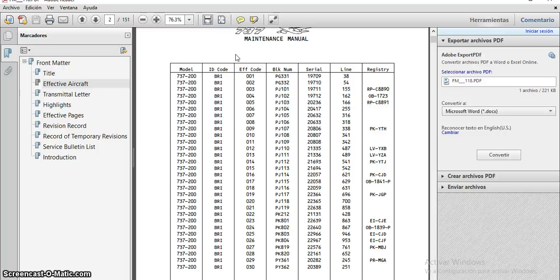The first part of the registration, the prefix, indicates the country of membership, assigned by international agreement, and the last suffix is the identity of the plane. It should be mentioned that I will detail the registry, the model, and effectivity codes of some airplanes in the report, from the practice of the laboratory.